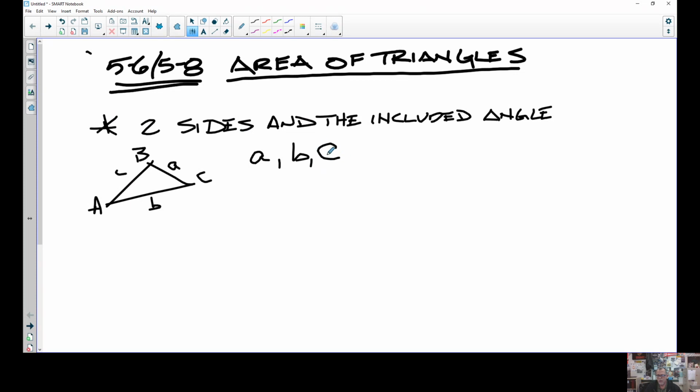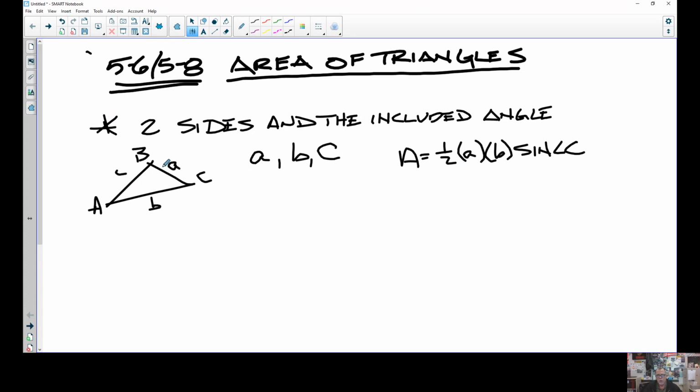So we have AB and angle C. If we had this, what we would do for the area would be 1/2 times the two sides, so in this case length A, length B, and then the sine of the angle, in this case angle C. So 1/2 AB sine C.